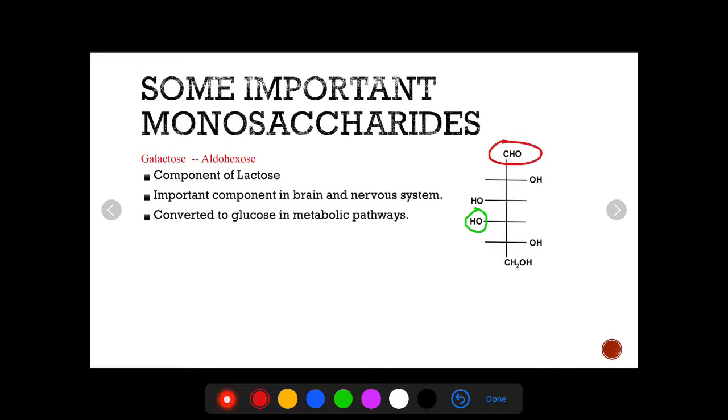So just that one hydroxyl group in a different position makes it into galactose instead of glucose. It is a component of brain and nervous system tissues, and it's found in plant gums, pectins, and milk as half of the disaccharide lactose. It is converted to glucose in the metabolic pathway.